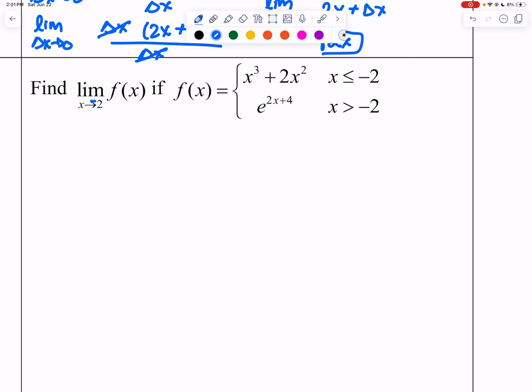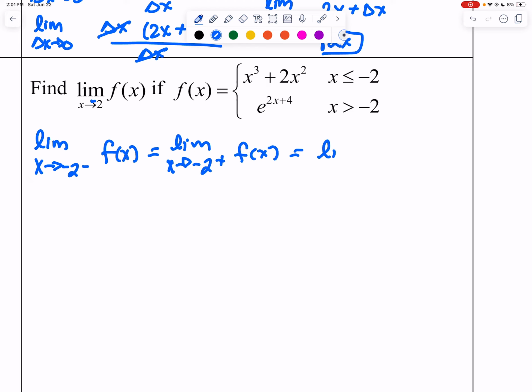So what I want to do here is verify that the limit as x approaches -2 from the left equals the limit as x approaches -2 from the right, which is eventually going to equal the limit as x approaches -2. So the left side must be equal with the right side for the whole limit to be true.